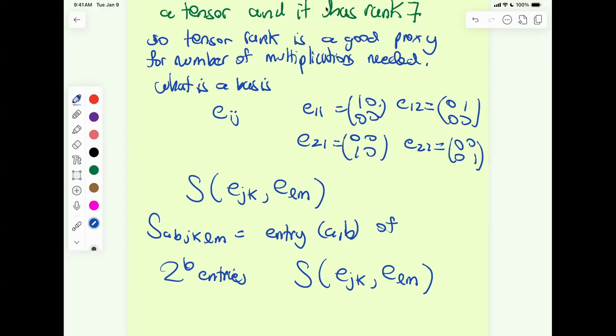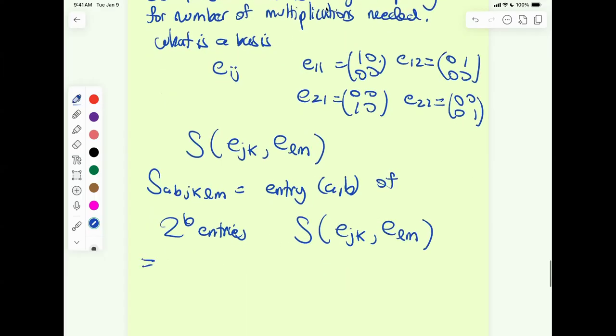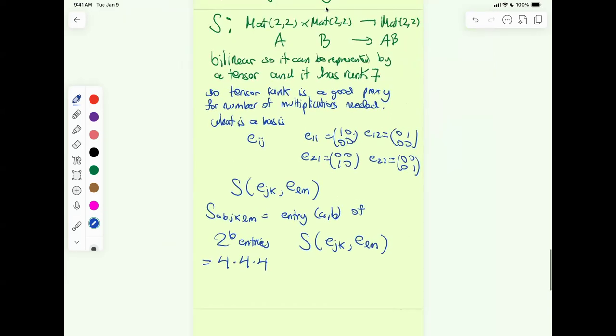Because that's the same as 4 times 4 times 4, right? That's another way to think about this. Why is it a more useful way to think about this? Because each factor has a dimension as a vector space.